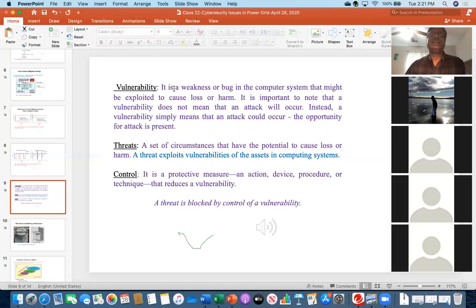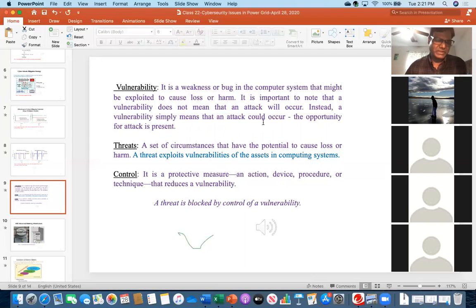Vulnerability means there is some sort of weakness or bug. For example, in real life, you have noticed that from time to time your computer screen turns a little bit blue and then immediately comes back. Or for a long time you have not updated some software, so it looks like suddenly there is some change.